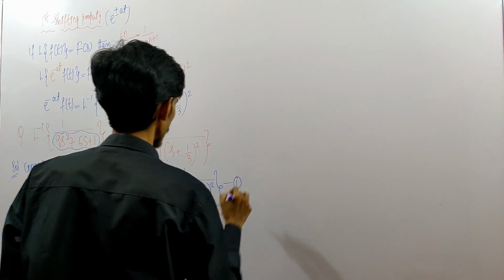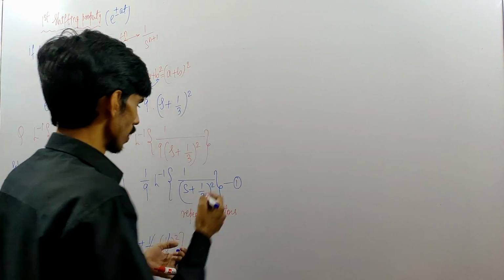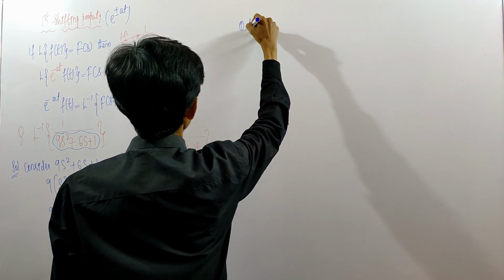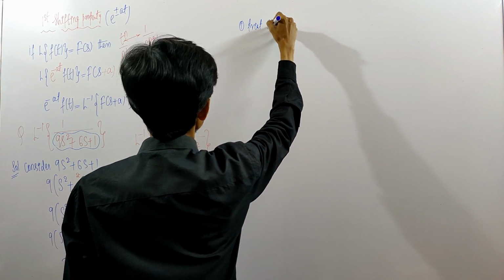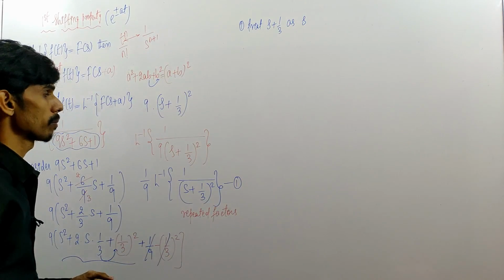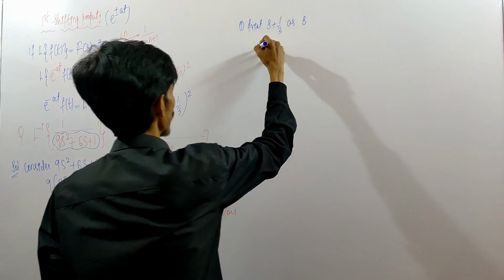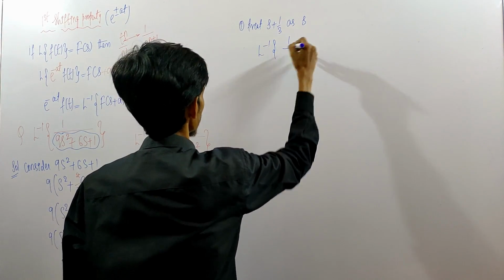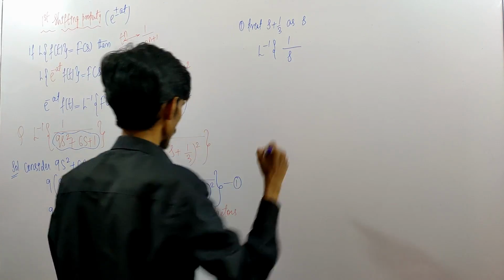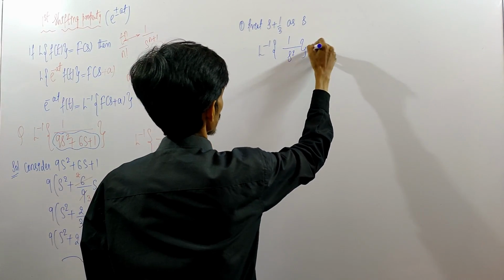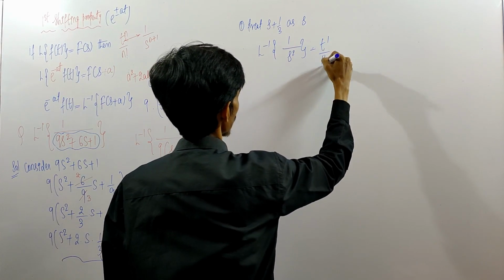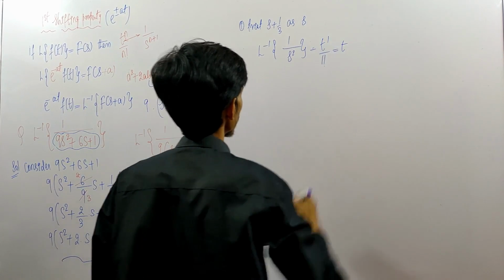Let us take it as equation 1. Step 1 is to treat s plus 1 by 3 as s. So this L inverse will become 1 by s square, whose value is t power of 1 by 1 factorial, that is t only.